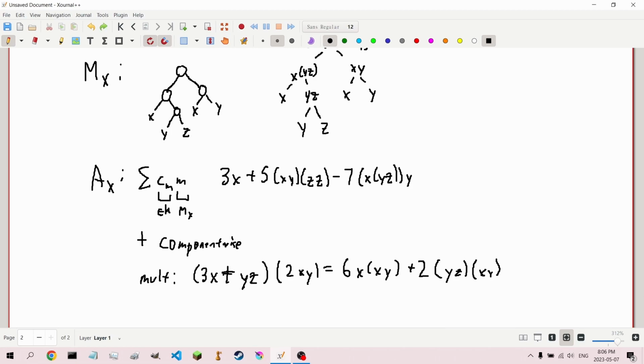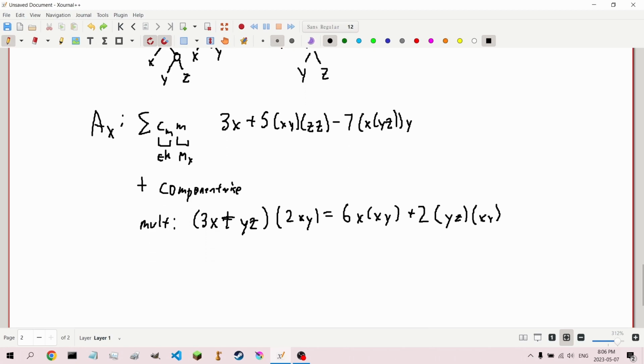That was the second free structure we defined. What is the third? L of X is the free Lie algebra.